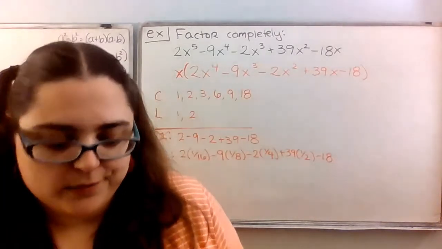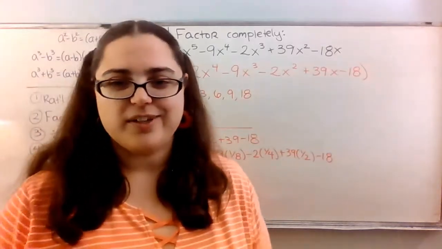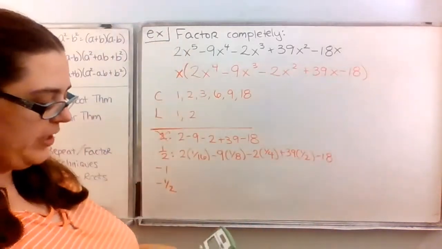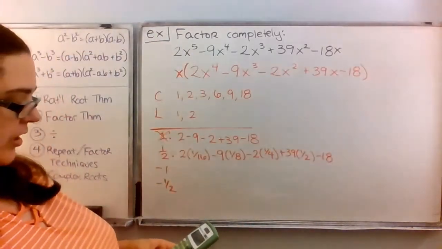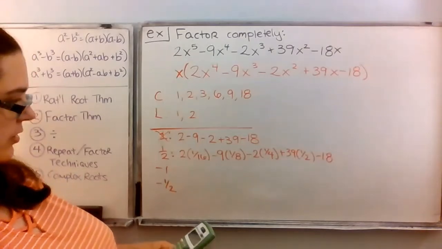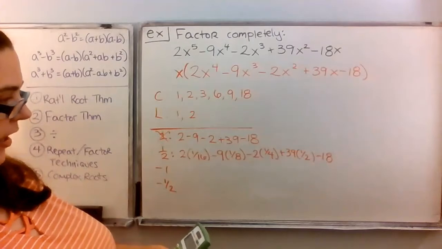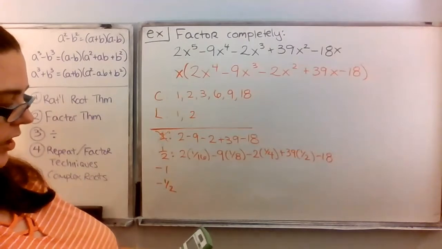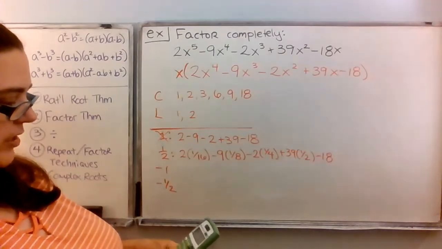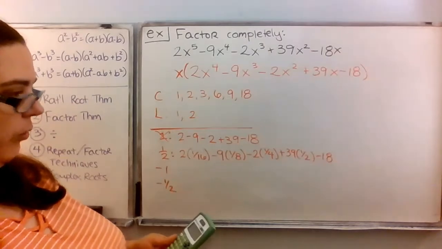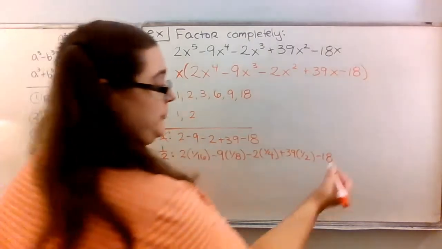And I don't feel like dealing with fractions right now, so I'll rely on some technology to help me out here. So we're going to have 1/8 minus 9/8 minus 1/2 plus 39 halves minus 18. That gave me 0.